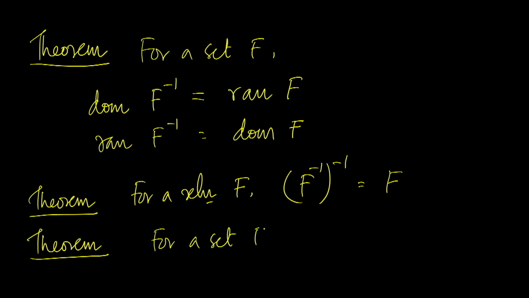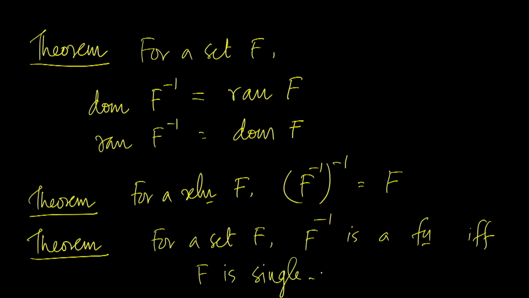For a set f, f inverse is a function if and only if f is single rooted. That is, every element in the range of f has a unique pre-image. That is when f inverse is a function.